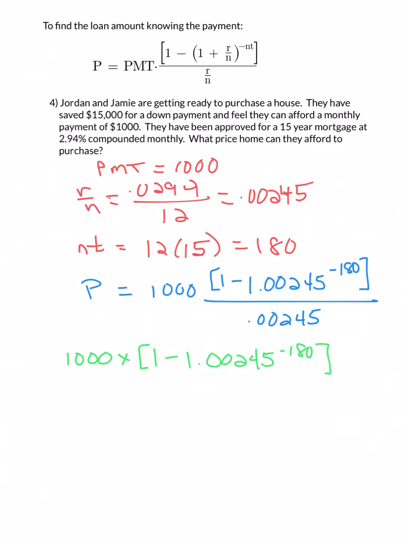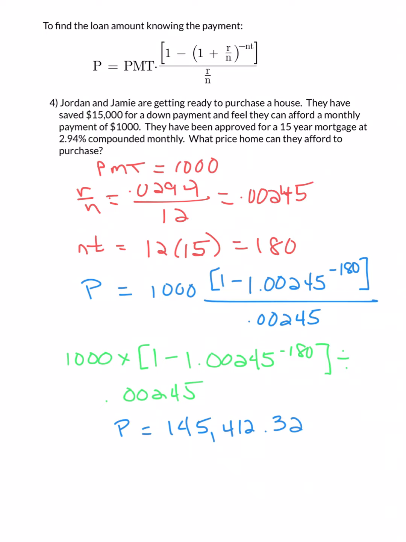Close your parentheses on your calculator, hit divided by 0.00245. In doing all that, you should wind up with a P of $145,412.32. This is the amount that the loan would be.